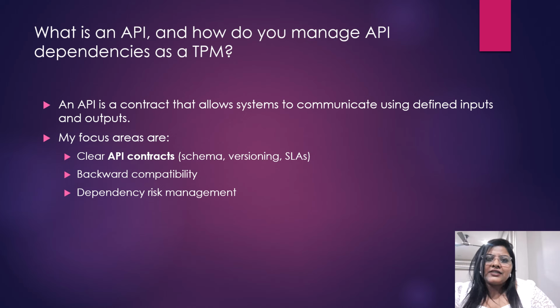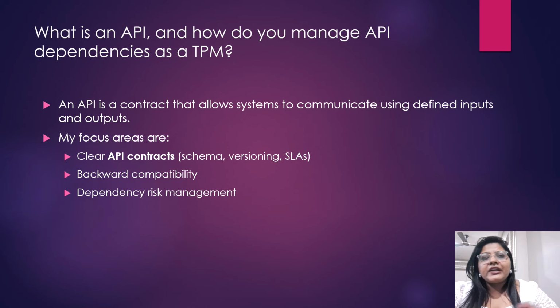We define latency and availability SLAs, and in one case, an unannounced API change broke the entire downstream system in production, and that was a P1. So we quickly reverted those changes, and then made sure that no breaking changes happened with future releases.